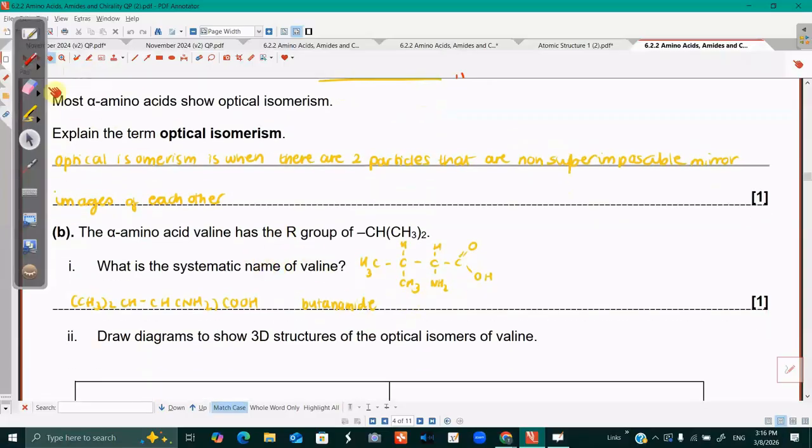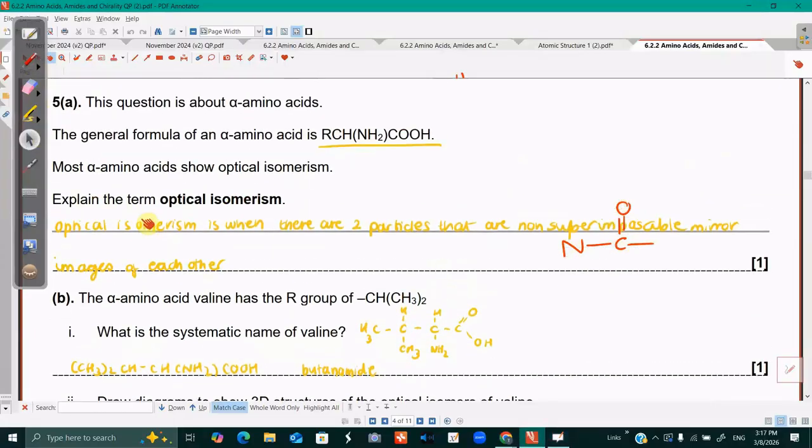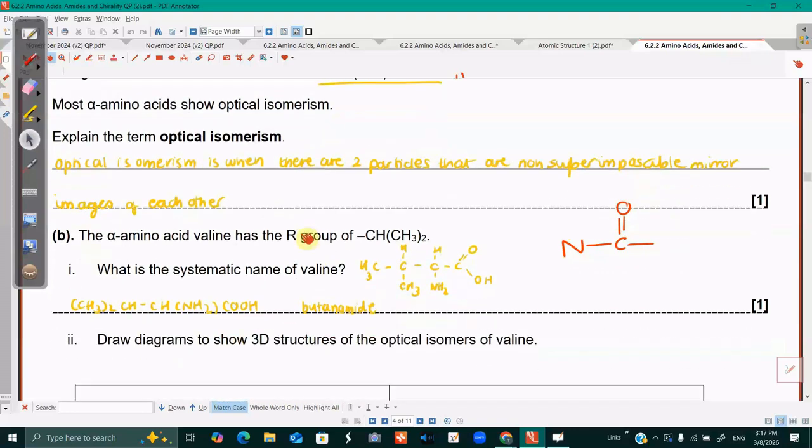Now here the thing is, is it an amide? That is my question. To call it an amide, nitrogen must be connected to the carbonyl carbon, right? Now in amino acids, is it connected to the carbon directly?